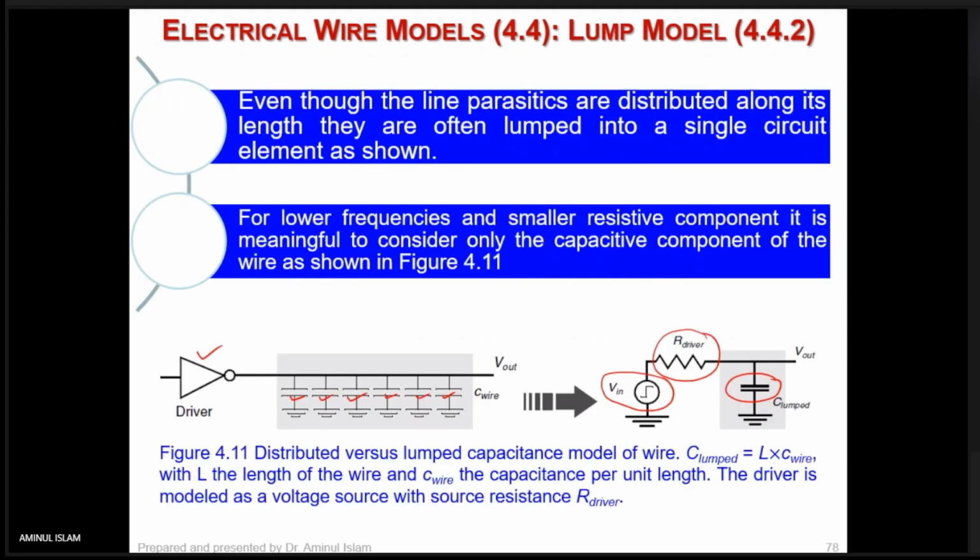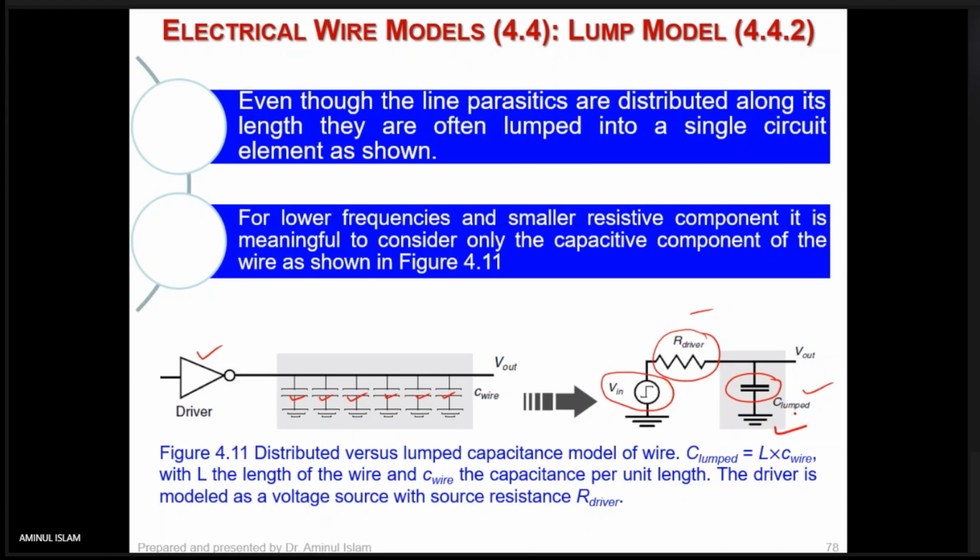Anyway, going ahead, even though the line parasitics are distributed along its length, they are often lumped. Resistance is everywhere and capacitance is everywhere, but it is lumped as shown here. For lower frequencies and smaller resistive component, it is meaningful to consider only the capacitor. So only capacitance has been considered.